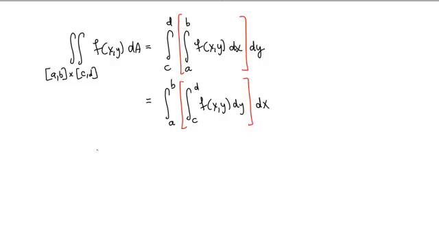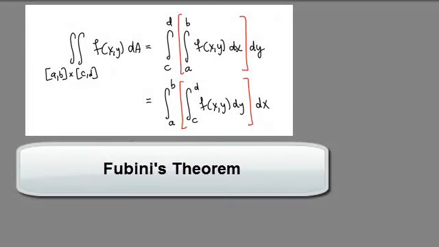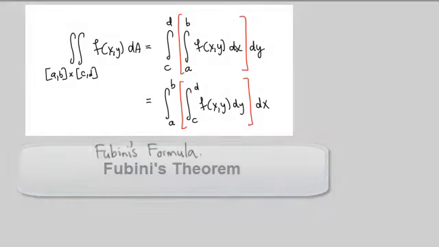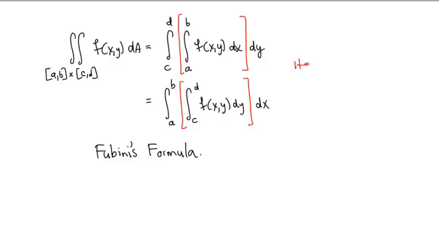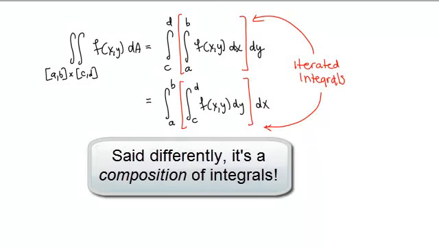And so this is what's known as Fubini's formula. And it allows us to work out a double integral by treating them as what's called iterated integrals, which just means it's one single variable integral stacked inside of another one. To see how this idea gets used in practice, let's go back and take a look at the example we did before.